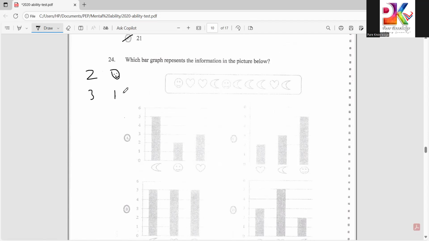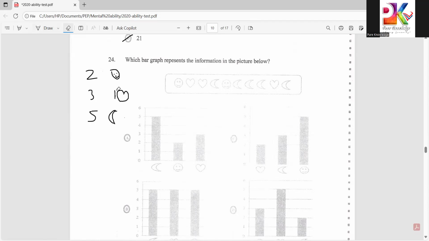And we can't draw it, you know? Come on, guys. I can't draw. That's like an orange. And then we have moon. 1, 2, 3, 4, 5. 5 moon shapes. You know, me can't draw. So, let me remember this.